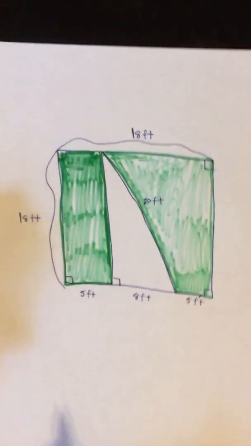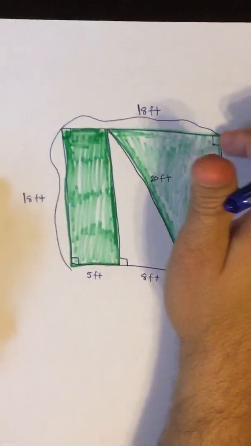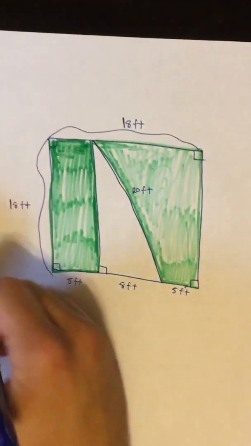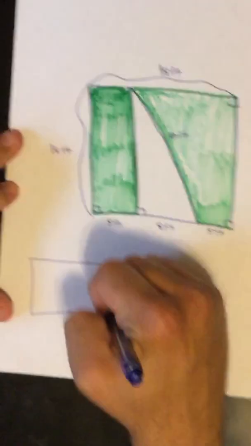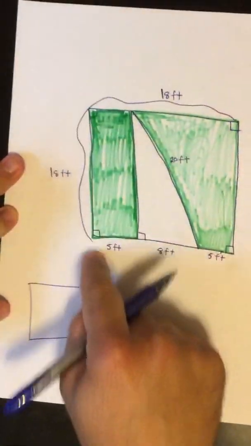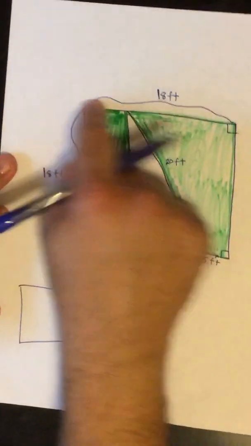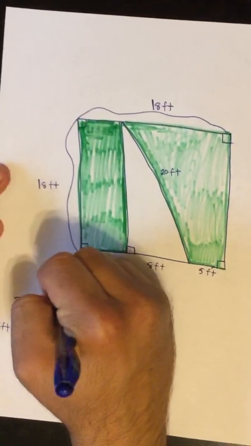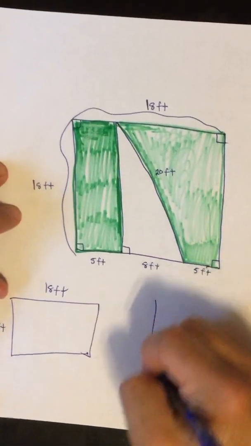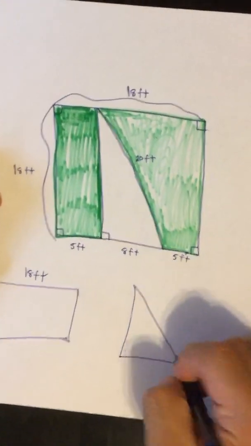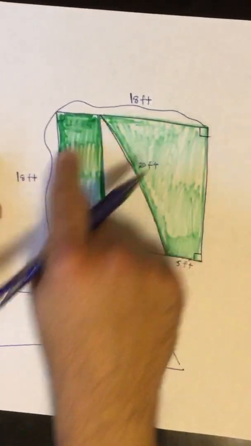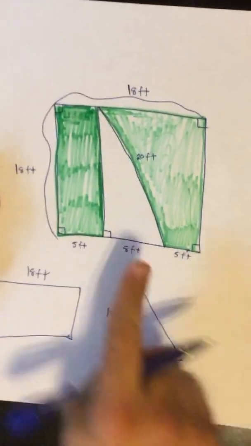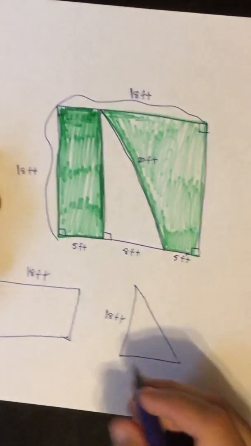Here we go. So I have two shapes, a square and a triangle. Here's my square. It is 18 feet by 18 feet. Then I have my triangle. Its height is 18 feet, but my base is 8 feet.